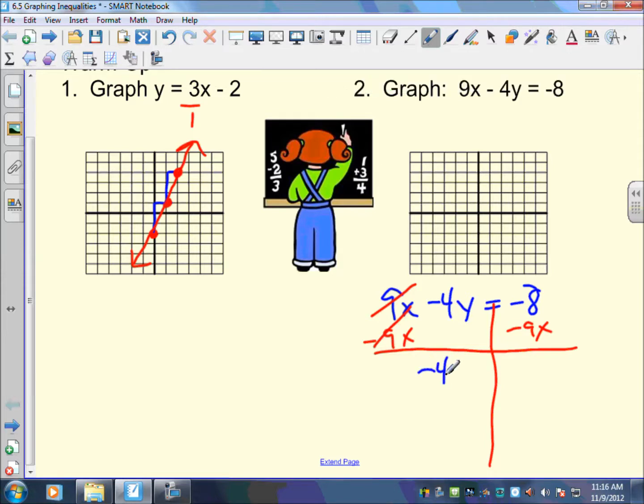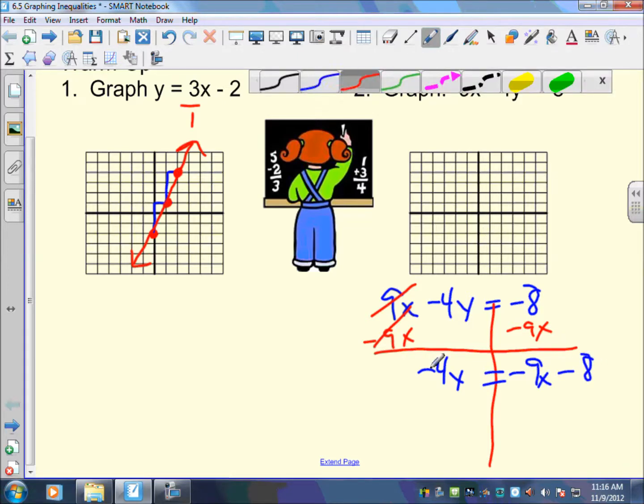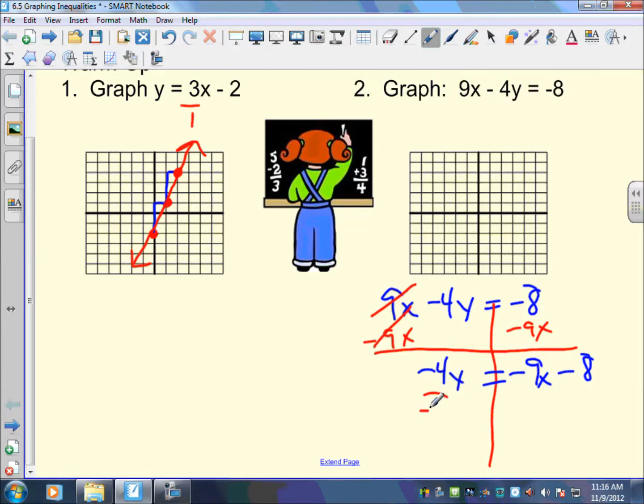And I have -4y equals, now I cannot combine -9x and 8 because they don't both have x's. So I'm going to write my -9x first, write your x first, minus 8. Now, in order to get rid of the -4, I divide everything by -4. That's supposed to be a y. It doesn't really look like a y, but it's supposed to be a y.